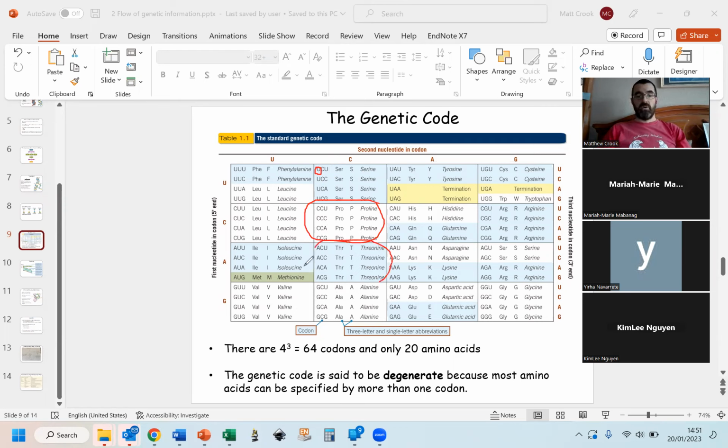So mutations in the third position of a codon don't typically matter. Sometimes they do, like you could go from histidine to glutamine. You can change, but it's like a buffer against mutation.